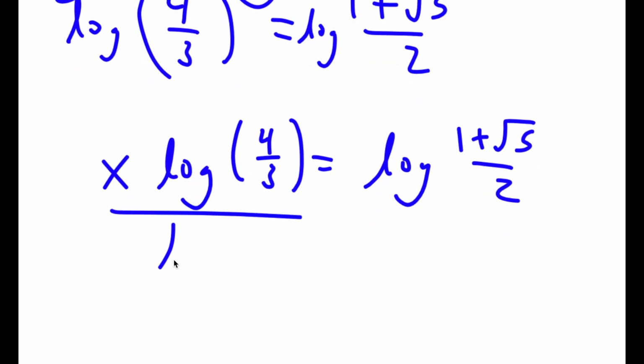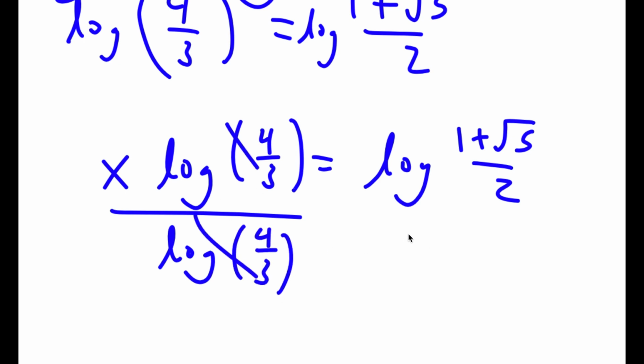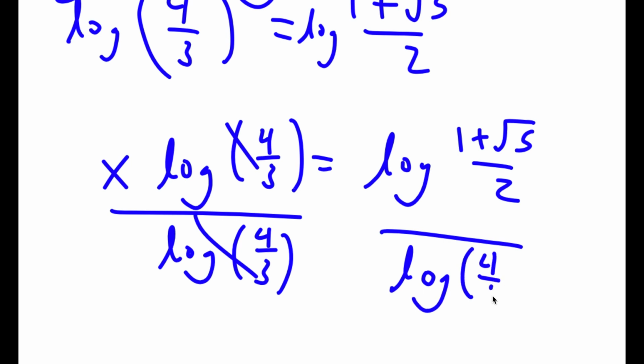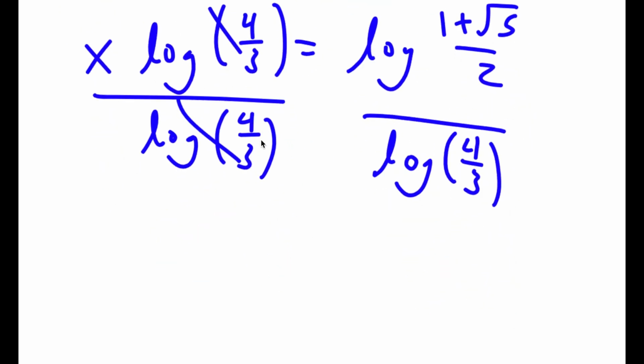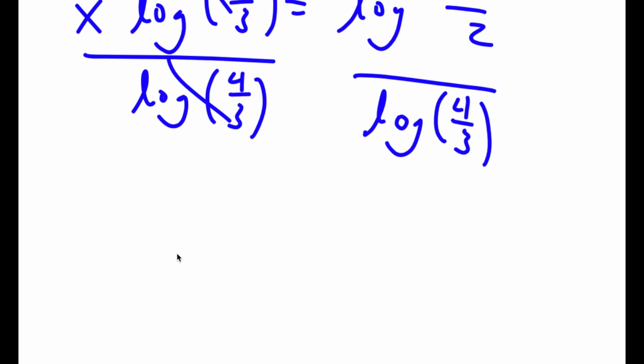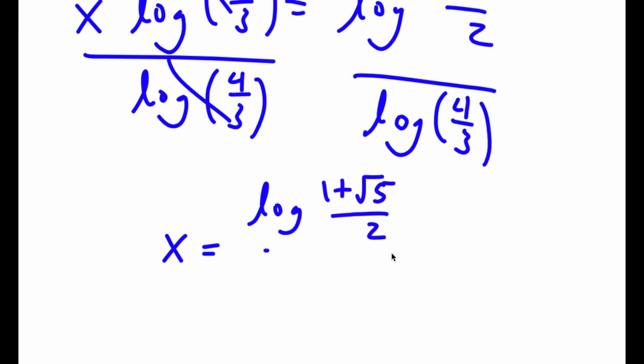Now if I divide both sides by log of 4 over 3, these two cancel out, so I'm left with x is equal to log of (1 plus the square root of 5) over 2, over log of 4 over 3.